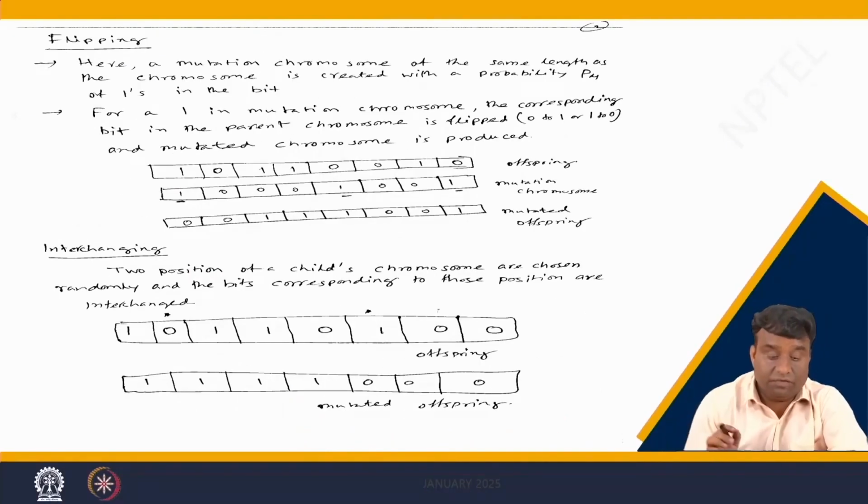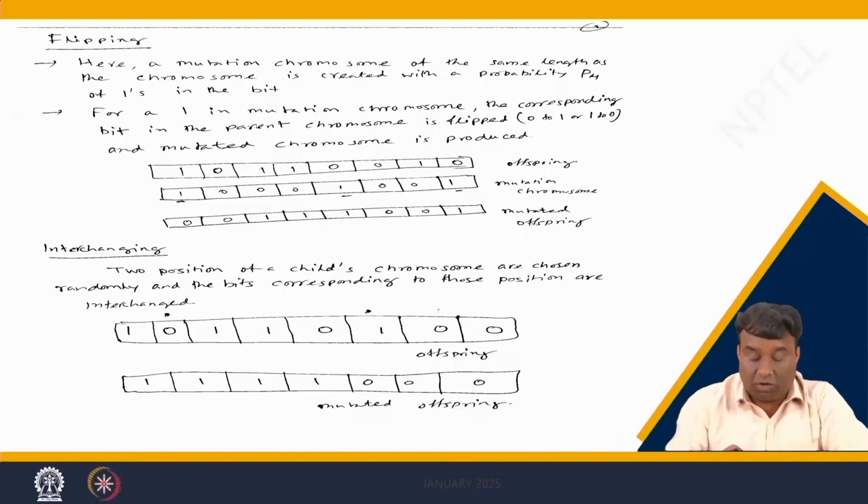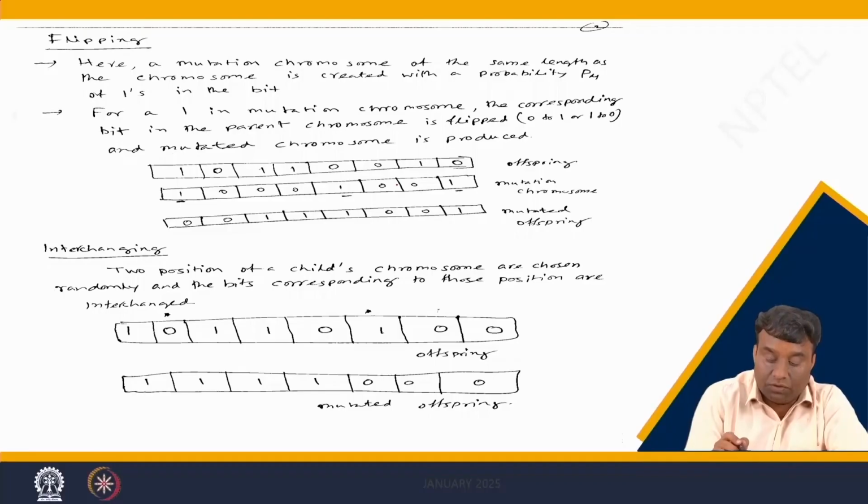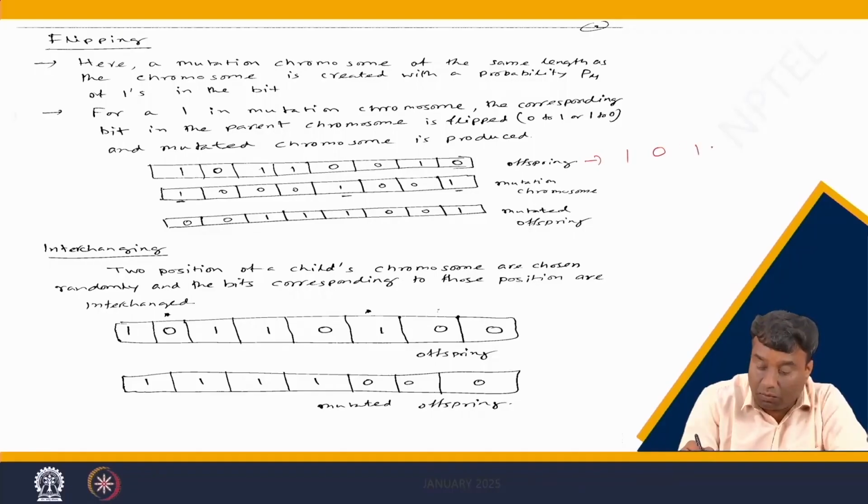Here, try to understand flipping. A mutation chromosome of the same length as the chromosome is created with probability p_mu of 1s in the bits. For a 1 in the mutation chromosome, the corresponding bit in the parent chromosome is flipped, that is 0 to 1 or 1 to 0, and the mutated chromosome is produced, that is the offspring. The parent is written here as 1 0 1 1 0 0 1 0.